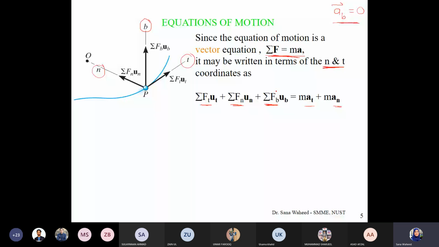That means that if there's no acceleration in the b direction, then this summation Fb must be equal to 0. That is, I'm saying basically that in the b direction it's a case of static, or the resultant force in the b direction is going to be 0. So I'm just including this right here so that we remember that forces can exist, but they must sum to 0 for that direction.